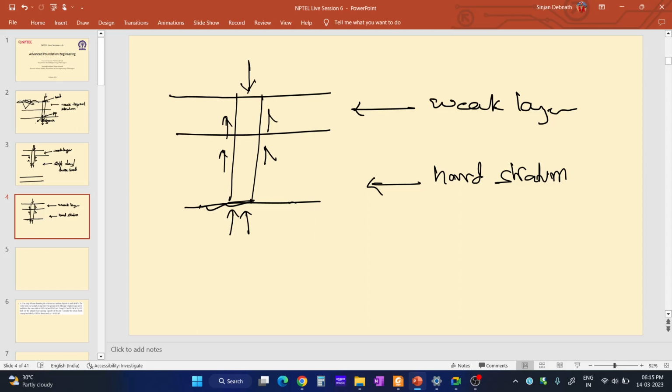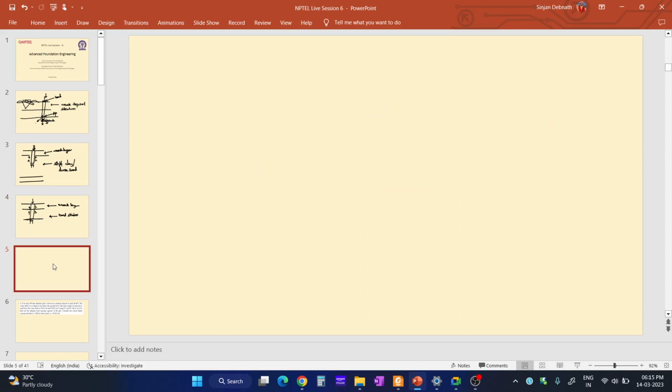Okay, so if we formulate the total bearing capacity of a pile, we will write like this: QU, we represent the ultimate bearing capacity of a pile using QU.